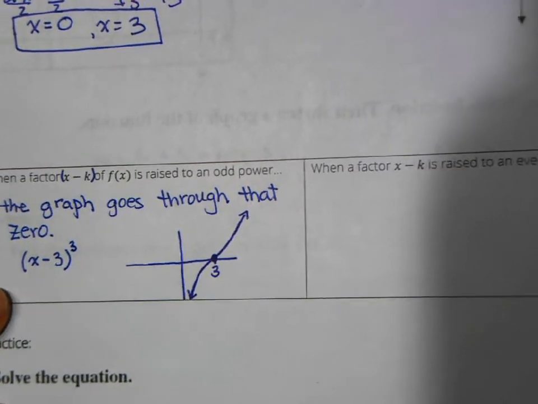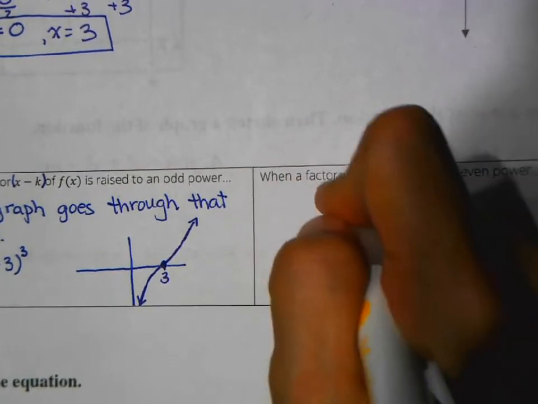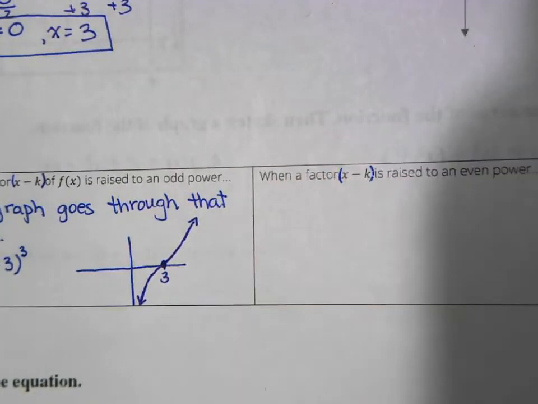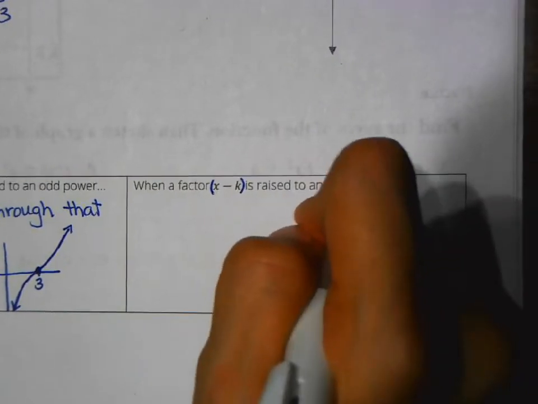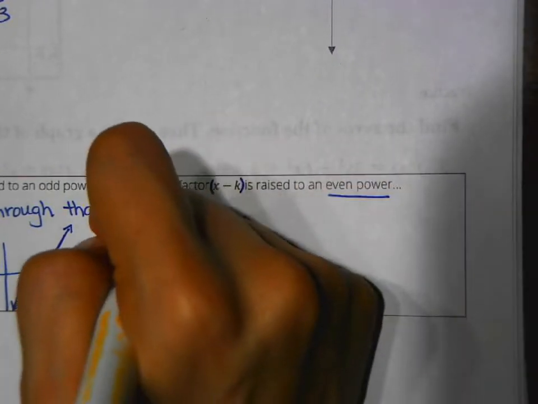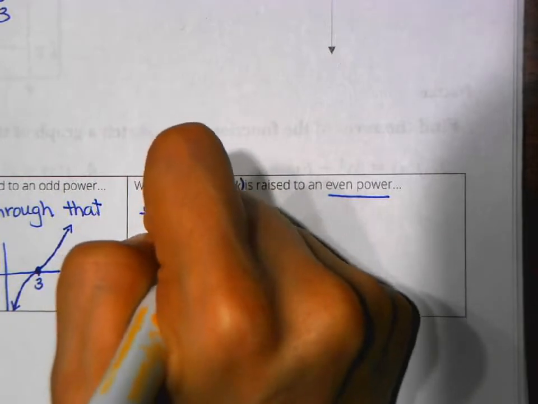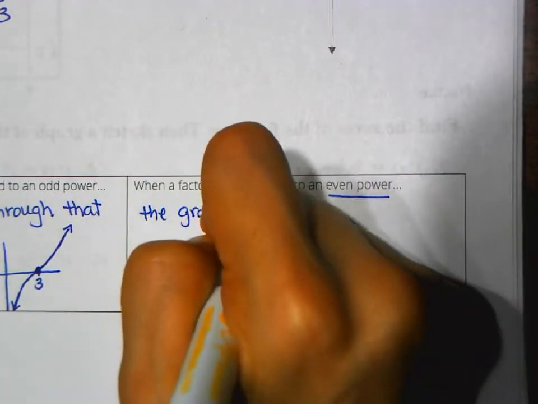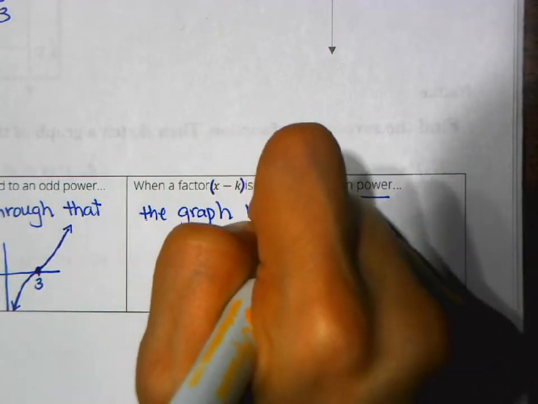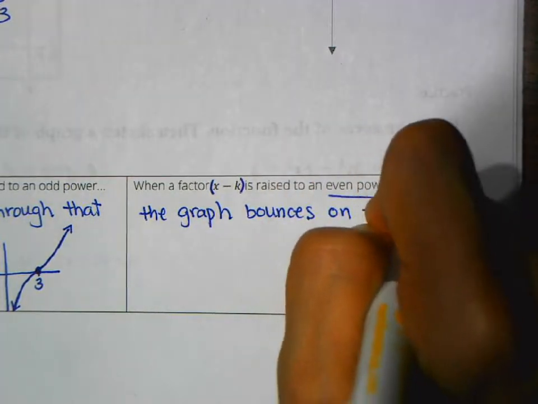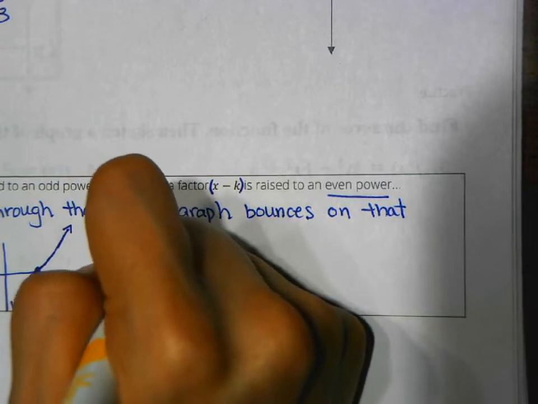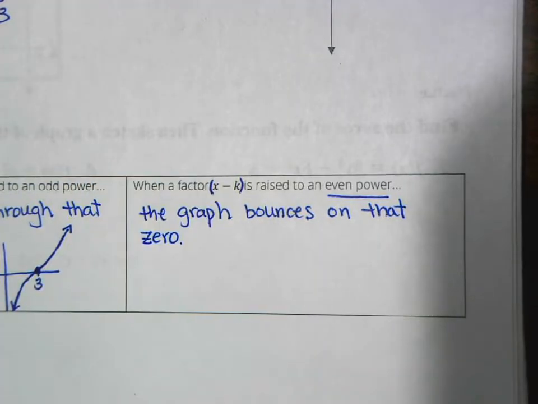Now, when the factor x minus k is raised to an even power, then I know that the graph bounces on that 0. What does that mean?